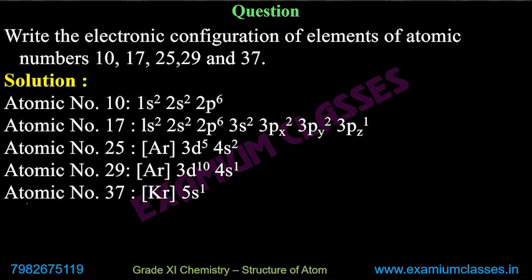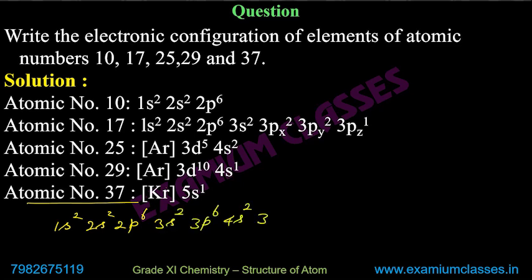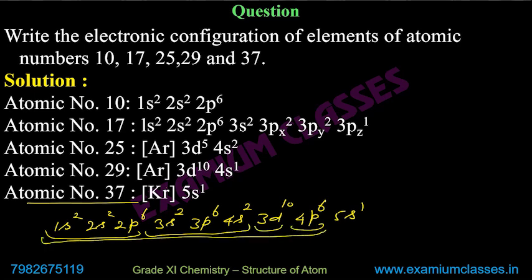So for example, in this case, I had written 37: 1s2, 2s2, 2p6, 3s2, 3p6, 4s2, 3d10, 4p6, 5s1. So this 10, 10, 10, and 6 is the 36 configuration of krypton. So you can write this as krypton configuration and then the remaining part 5s.